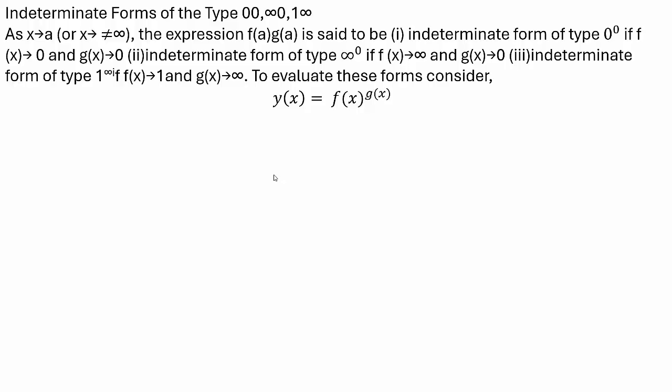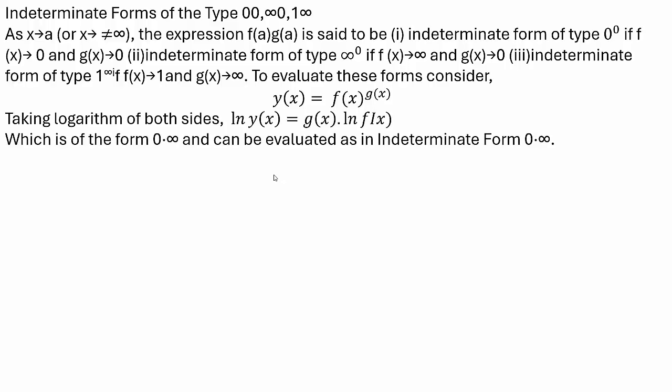consider y(x) equal to f(x) raised to g(x). Taking the logarithm of both sides, we get ln y(x) equal to g(x) times ln f(x), which is of the form 0 times infinity and can be evaluated as an indeterminate form of type 0 times infinity.